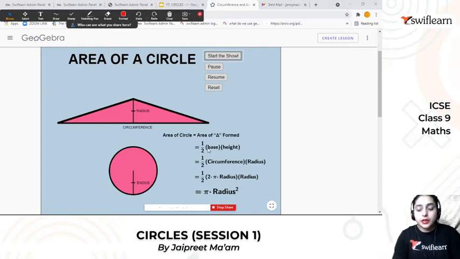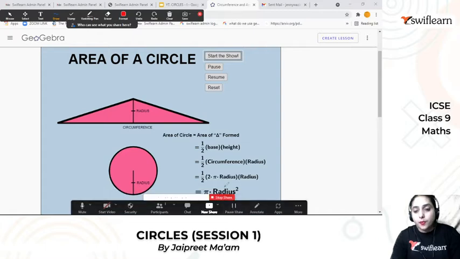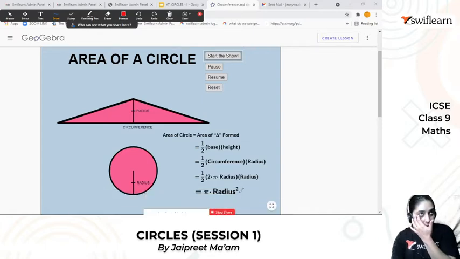Now the area of a circle. Area of a circle is pi r square and circumference is 2 pi r. So pi r square, where r is our radius squared.